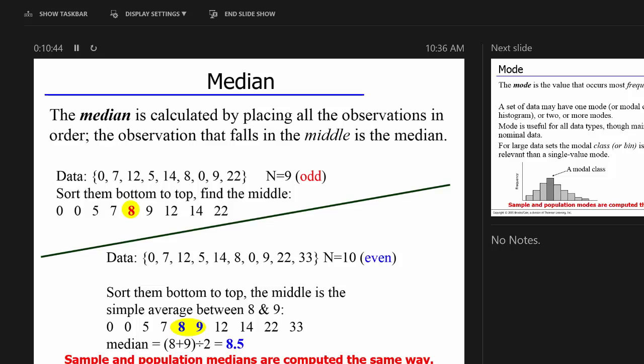If I choose the next one, number 9, then there are 5 below and 4 above. So it also is not quite in the middle. What statisticians do is a very simple thing. They take two numbers which are closest candidates and they average them out. So 8 plus 9 divided by 2 gives you 8.5. Even though it's not part of the data set, we can still say, hey, this is the median, okay? It separates 50% numbers below from 50% of the numbers above, okay?